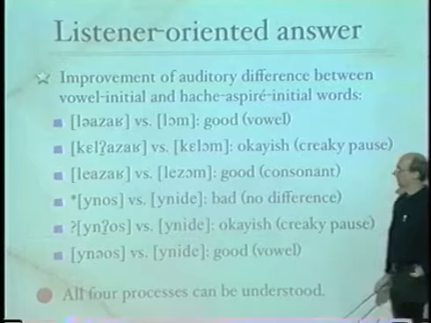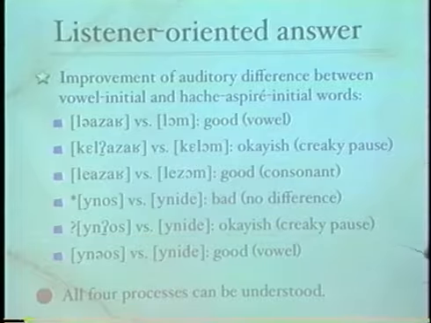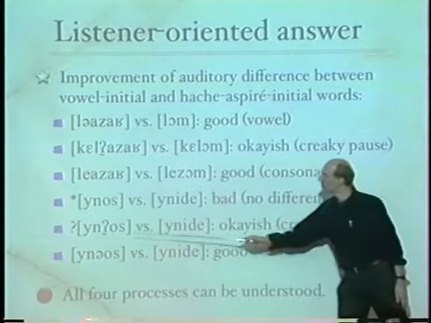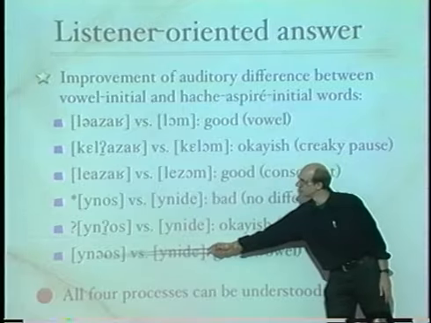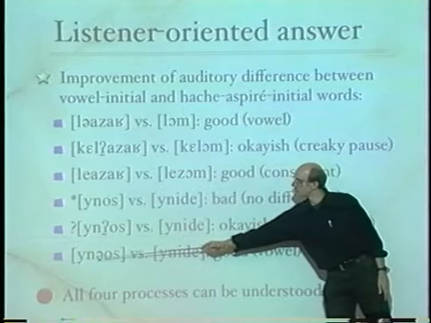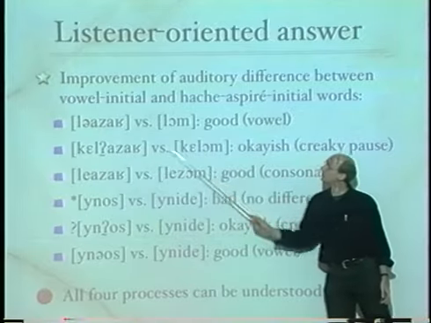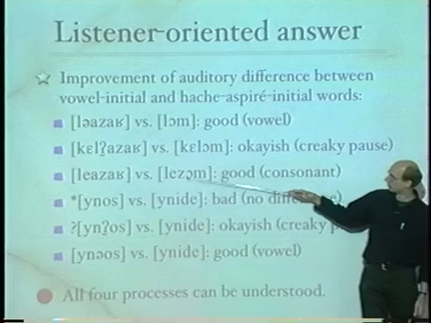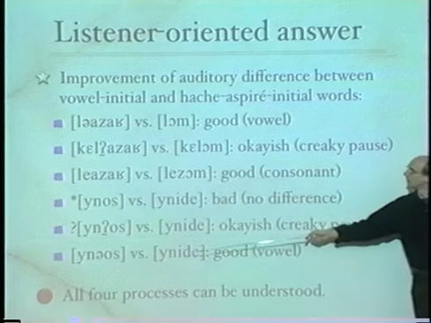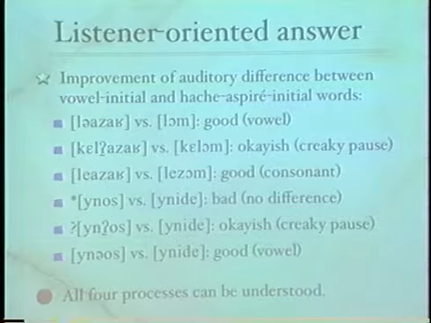Right? So in a listener-oriented account, we can already understand what's going on. Preferably you pronounce schwa, because that makes a good difference between a form here and a form there. If that's not available, you have a second choice: either a schwa or a consonant, and if that's not possible, something glottal.